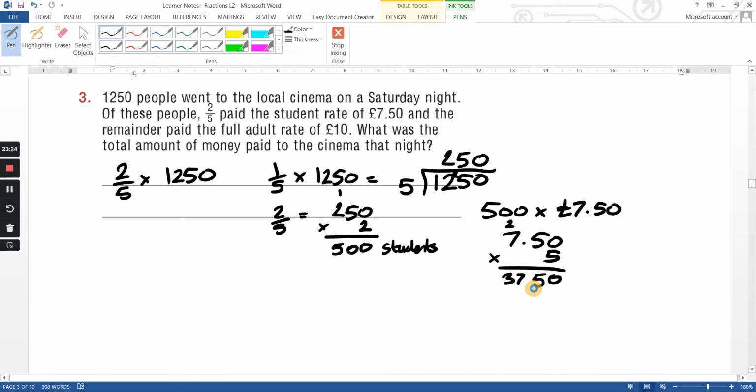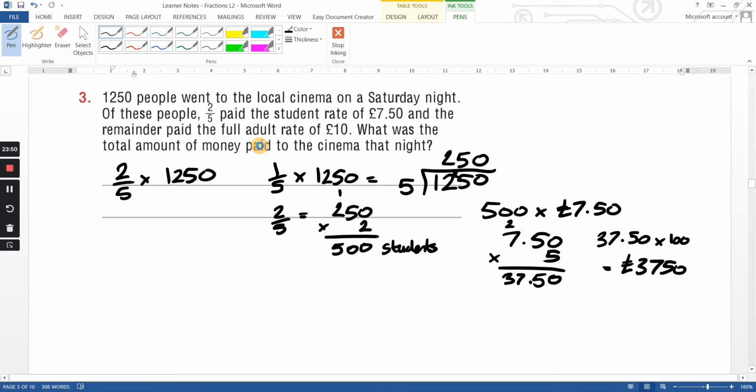Okay, and I've got 2 decimal places here. So, and then times that by 100, just move the decimal point, I'll get £3,750. Okay, so that's what the students paid in total.